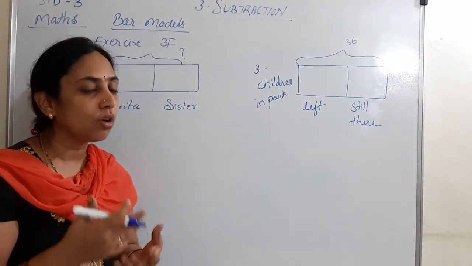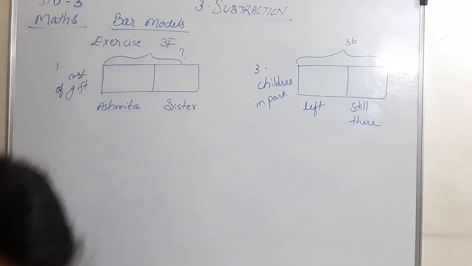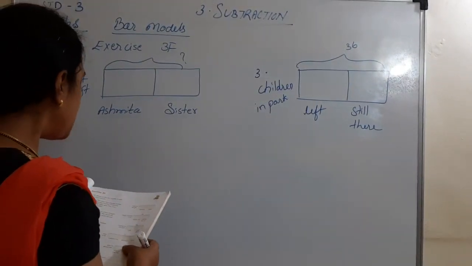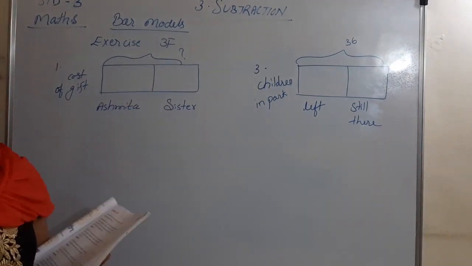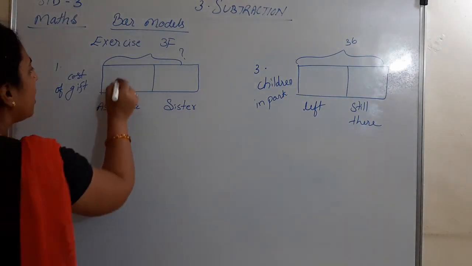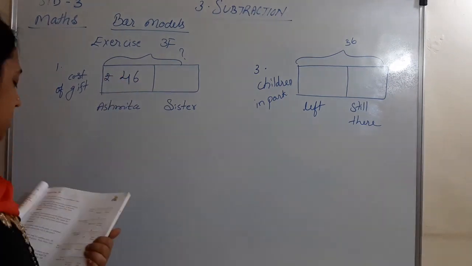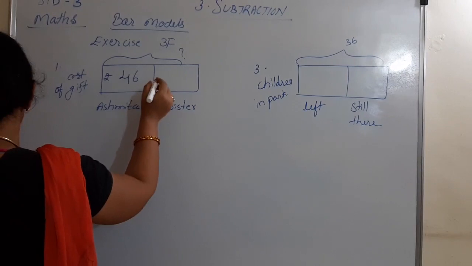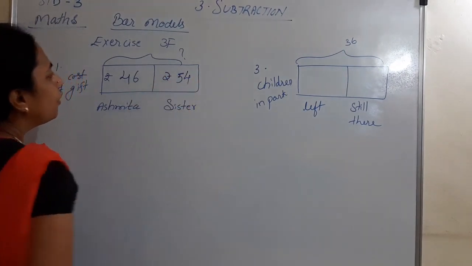Some information is already given and we have to find the rest. Whatever the information is given, we have to put in the models. How much has Ashmita given? Ashmita has given rupees 46, and the sister has given rupees 54.